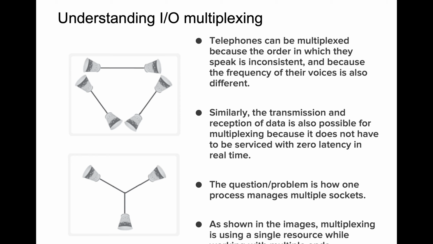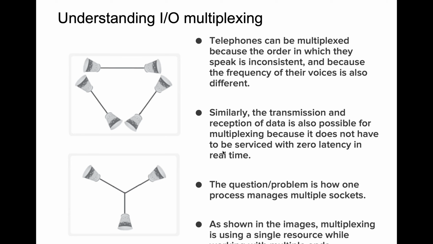way of implementing networking as an I/O multiplexing version, by just connecting all the cups to one net. That way the telephone can be multiplexed because the frequency of each of the cups' voices is different.